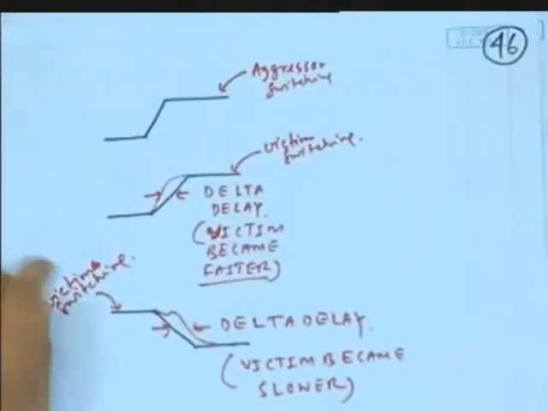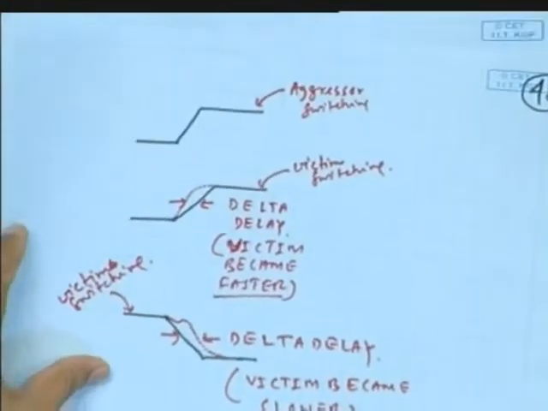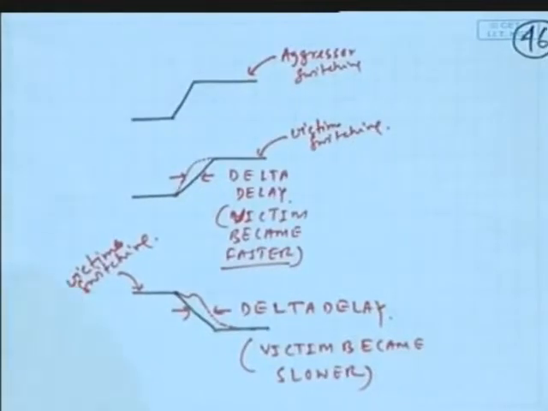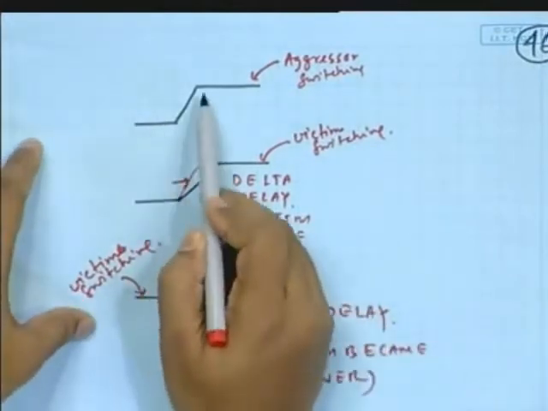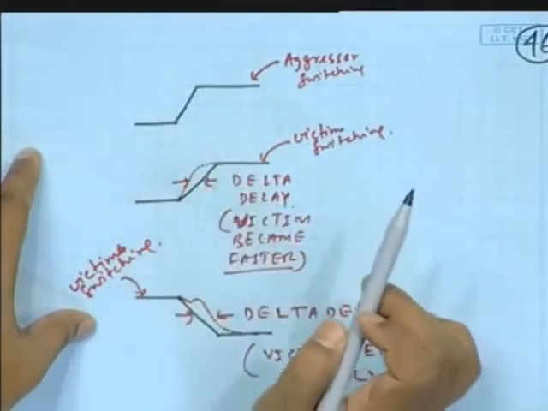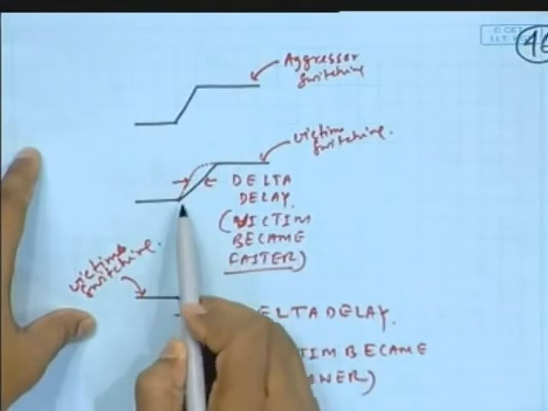Now I am just showing pictorially that aggressor switching can affect victim switching in both ways. Say this is my aggressor switching. Just for understanding purposes, I have taken 0 to 1. It could be 1 to 0. It doesn't matter. Now say this is my one victim.